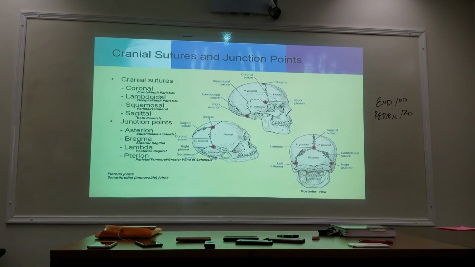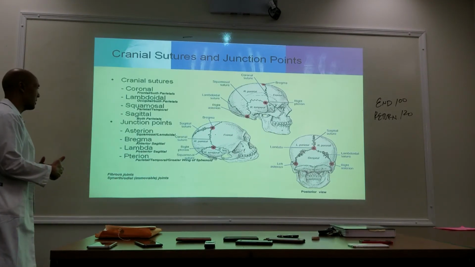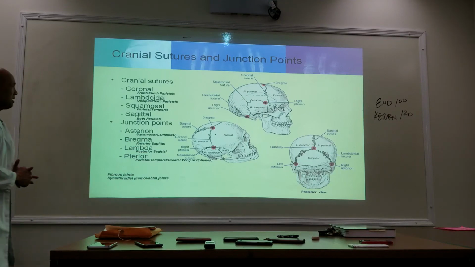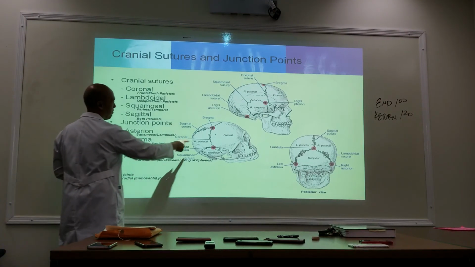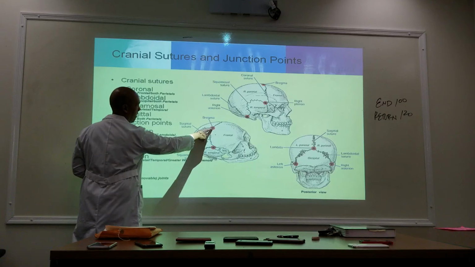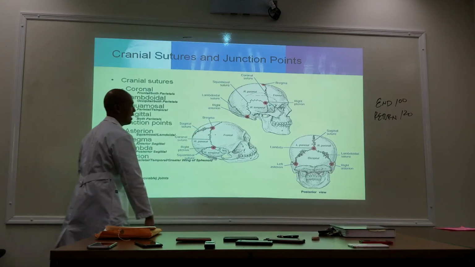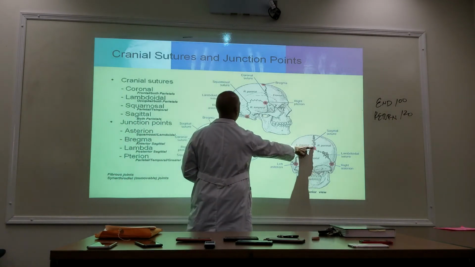And then we have the intersections, where the sutures join or intersect. So on the very front, you have the bregma. On the very back, you have the lambda.